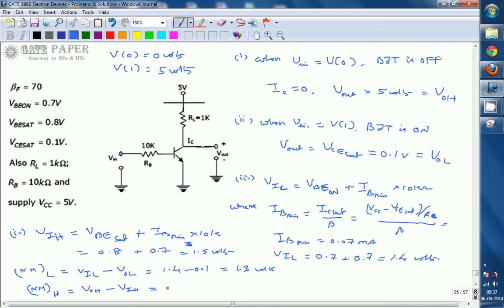So VOH is nothing but 5 volts minus VIH is nothing but 1.5 volts. So that is equal to 3.5 volts. So these are the noise margins for low level and high level. Low level is 1.3 volts, high level is 3.5 volts.